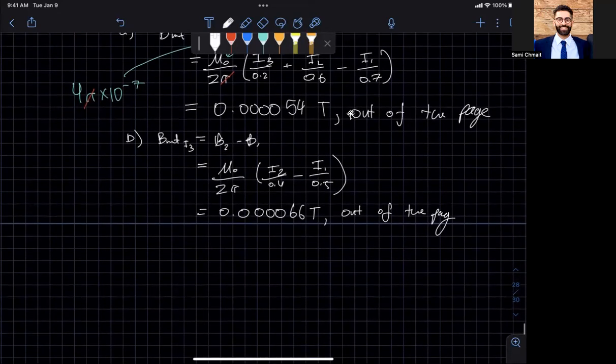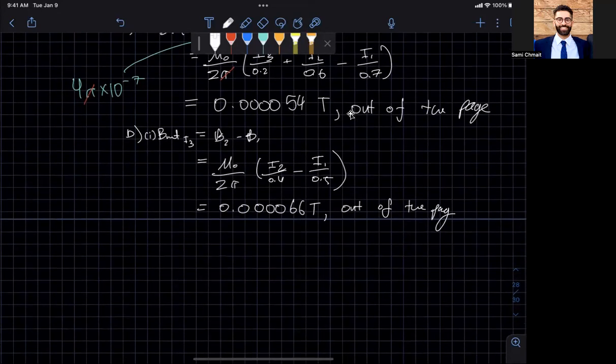Okay, so now let's call this part 1. For part 2, we need to solve for the direction of that force and the force itself. So what's our equation for that? That's going to be FB equals IL cross B. Well, we know the cross product is going to be 90, so it's going to be sine theta, where theta is equal to 90.